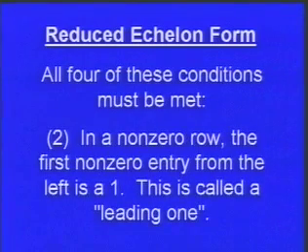Second, in a non-zero row, so if you have a row that contains something other than zeros, the first non-zero entry from the left, so if we're looking left to right, the first thing we see that's not a zero is a 1. We call that a leading 1 because it's the first non-zero entry in a row.